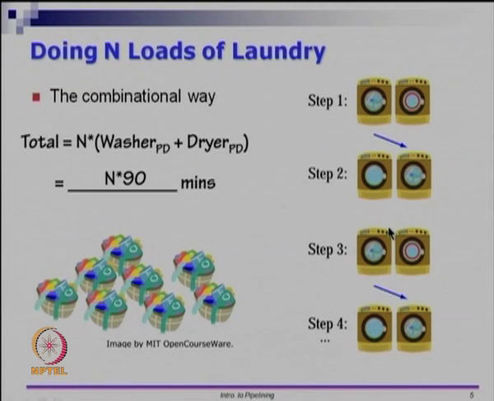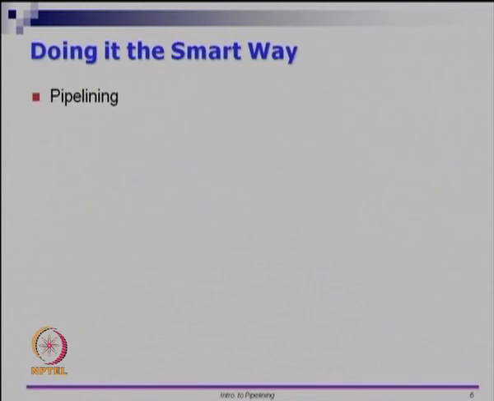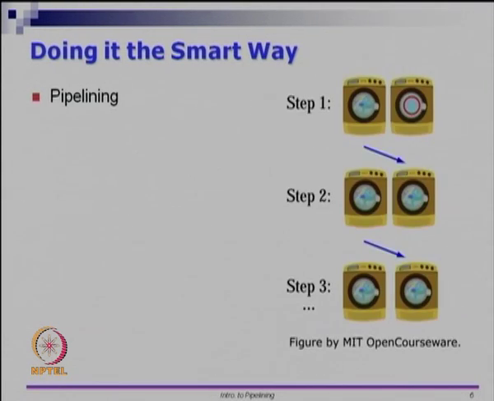We can figure out how to do these things, but clearly taking only one wash and one dry at a time, and not using the other one, does not make sense. So, the smart way to do that is doing what is called pipelining. The way the pipelining would work is, ideally we would like this.